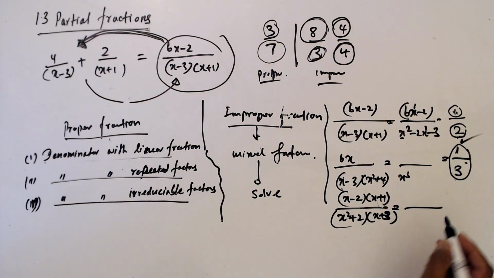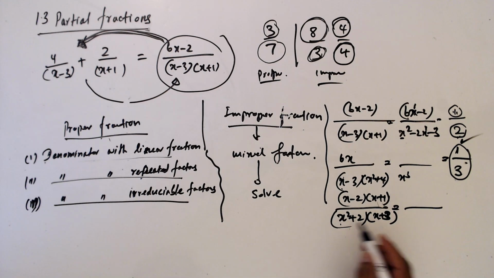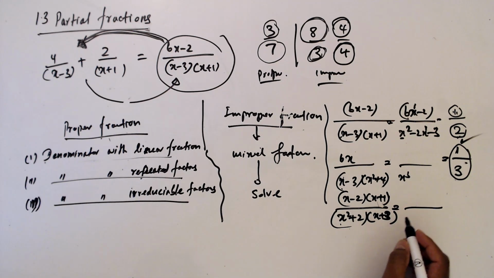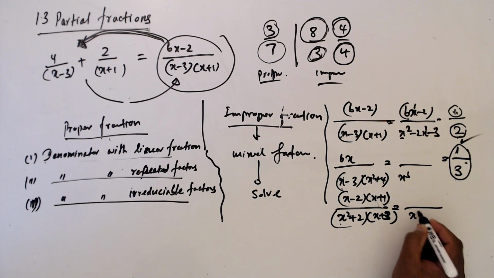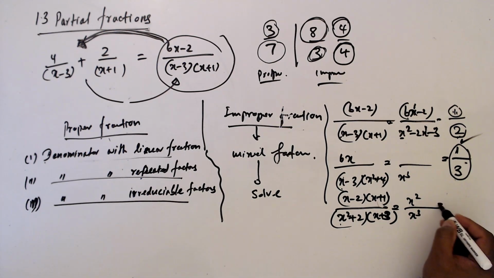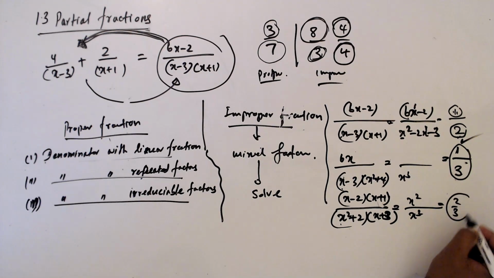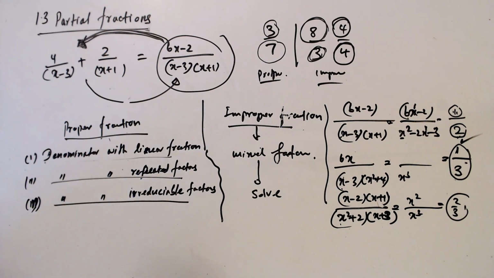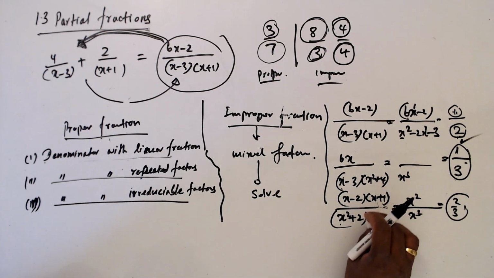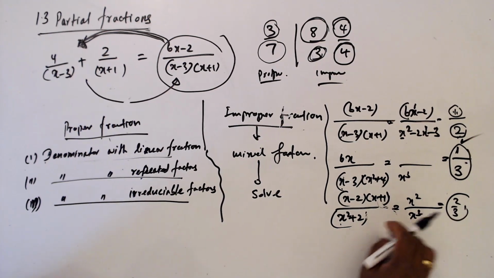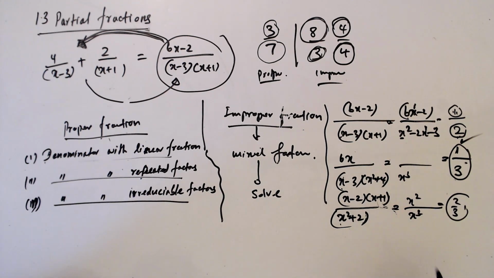Now we can see the highest power in the numerator is x cube and the highest power in the denominator is x square. So this is 3 over 2. It is an improper fraction. I will change the denominator to x square minus 2.